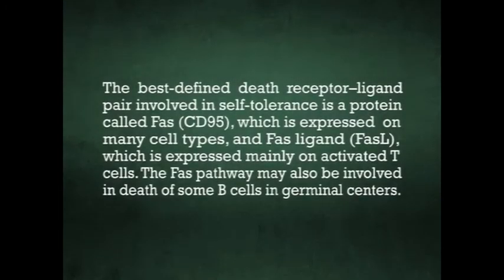The best defined death receptor-ligand pair involved in self-tolerance is a protein called Fas, CD95, which is expressed on many cell types, and Fas ligand, Fas-L, which is expressed mainly on the activated T cells. The Fas pathway may also be involved in deletion of some B cells in germinal centers.